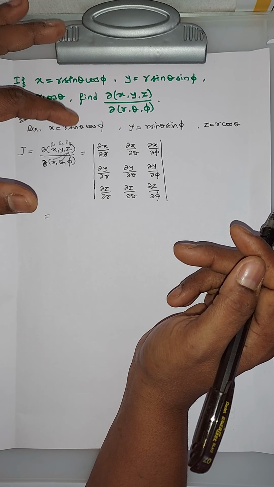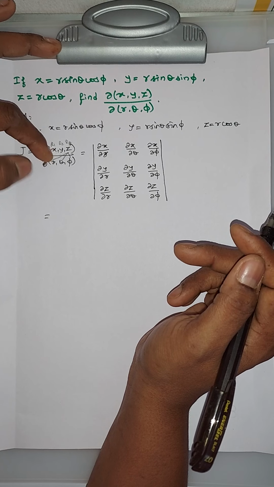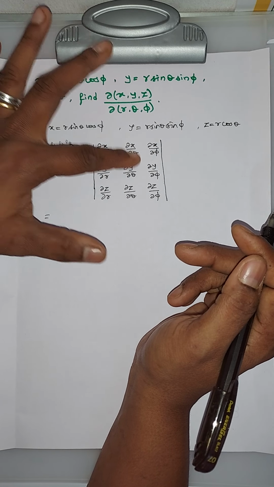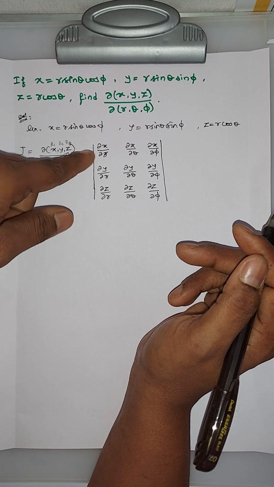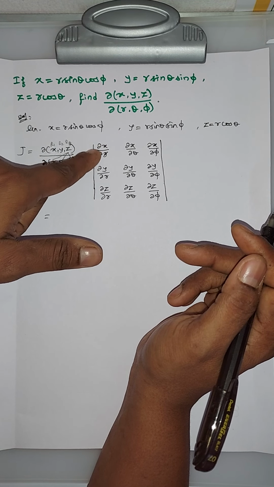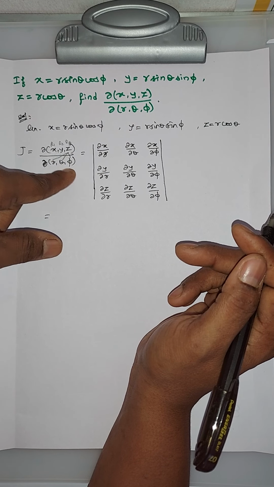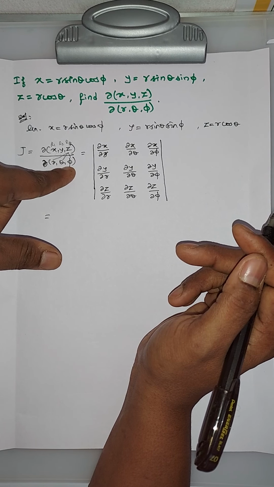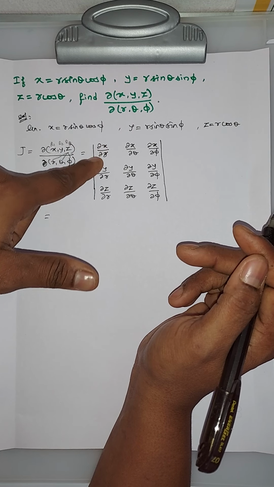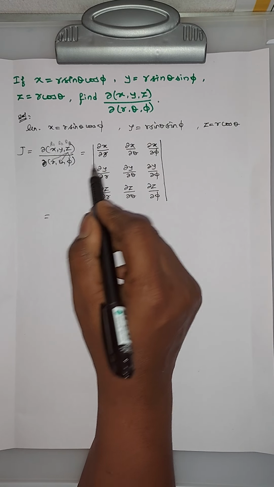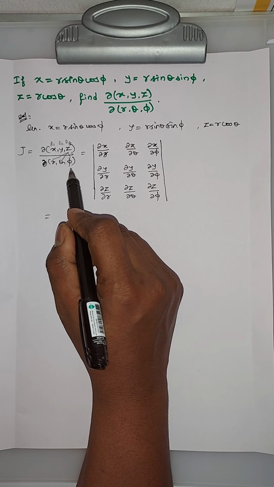So when we are differentiating x partially with respect to r, the rest of the variables theta and phi remain as constant.